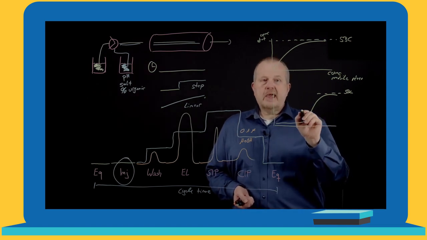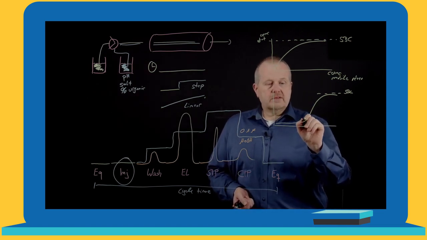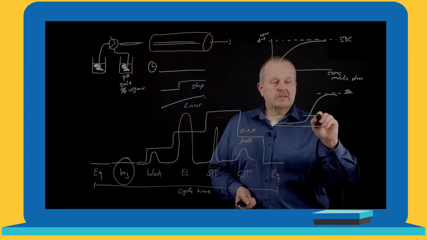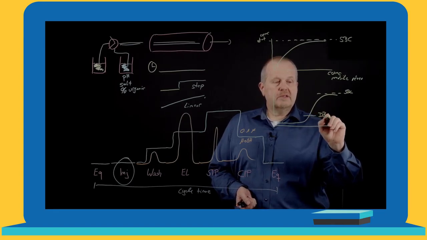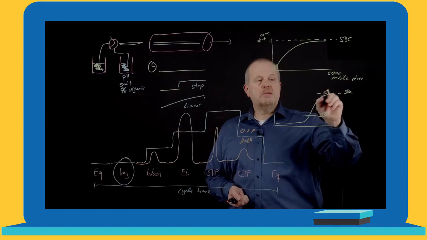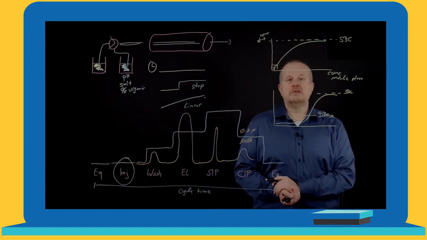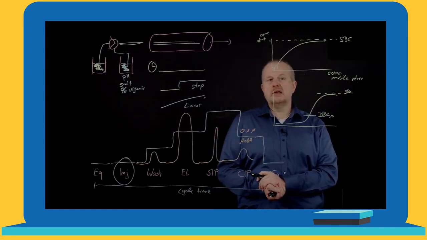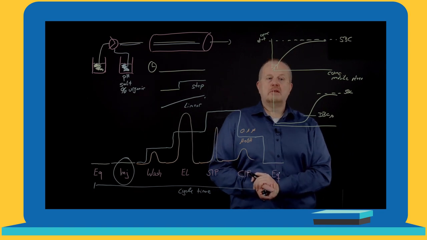What is typically taken as a measure is, where is this dynamic binding capacity reaching 10% of the maximum capacity? This is called dynamic binding capacity at 10%.